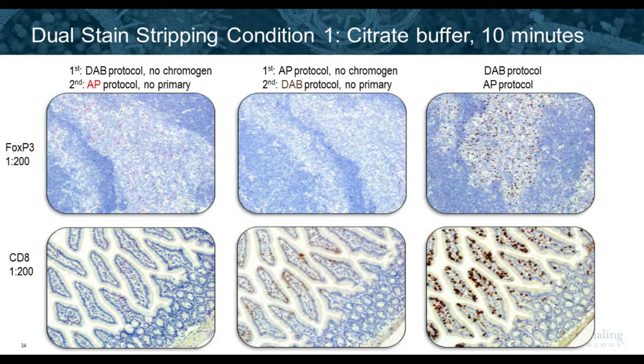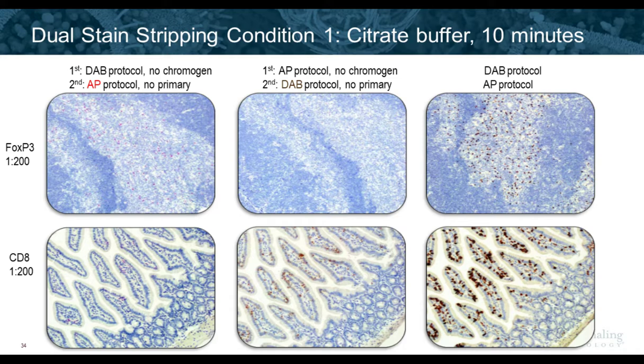Basically, what I'm showing here is in the first images on the left, you can still see red signal with FOXP3 and with CD8, showing that our stripping was incomplete. When I switched up the order and ran the alkaline phosphatase first, FOXP3 was stripped much more efficiently, and CD8 was stripped less efficiently, as you can see in the images in the middle.